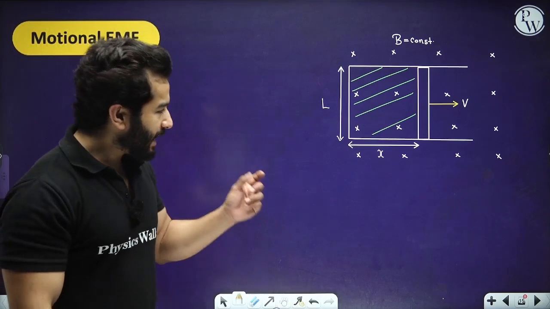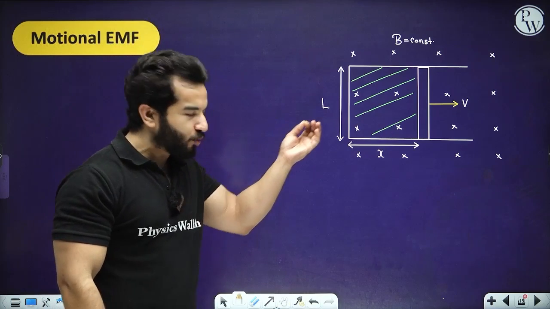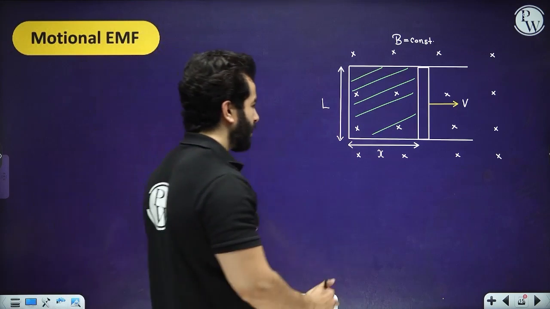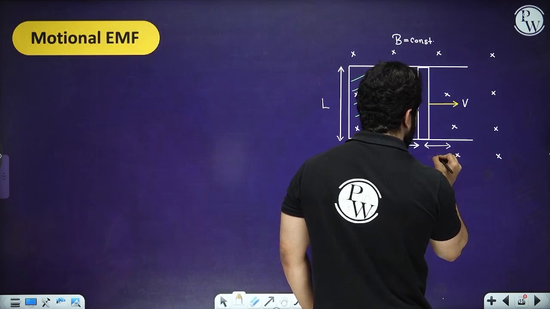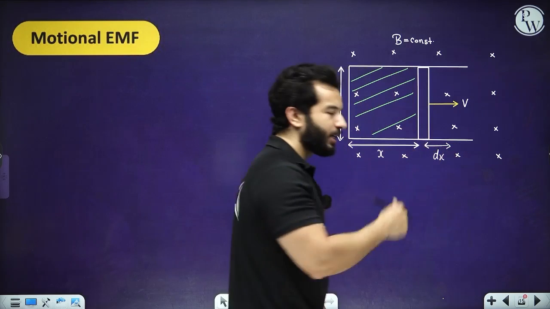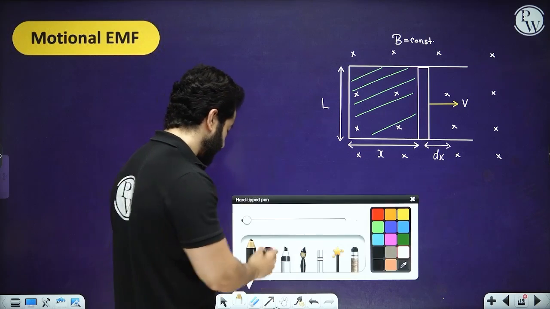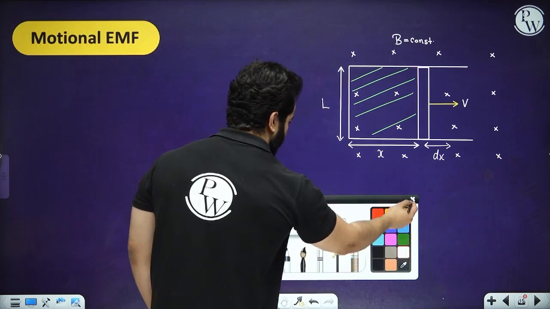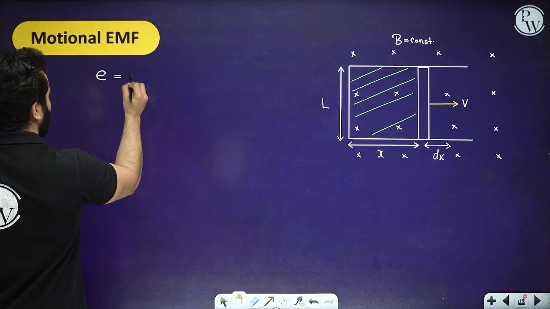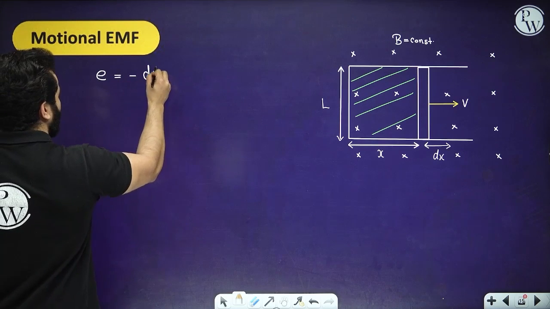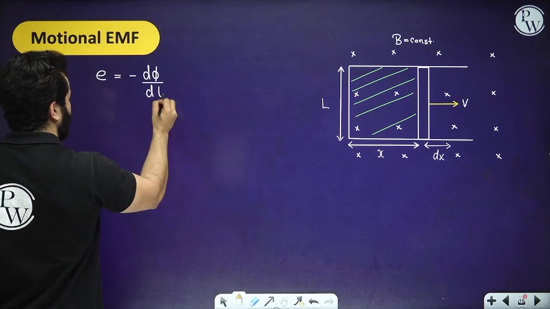Now if this rod moves with a dx displacement, there will be a change in magnetic flux, isn't it? And that change in magnetic flux will be E equals minus d phi by dt, in accordance with Faraday's law.